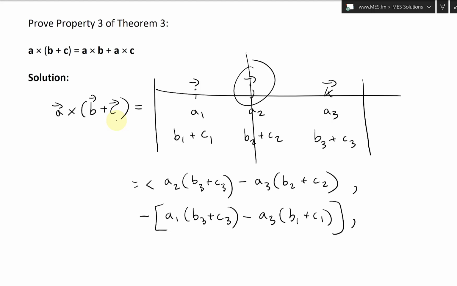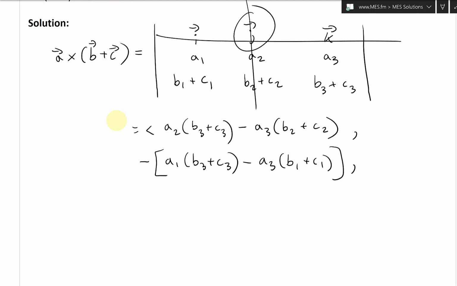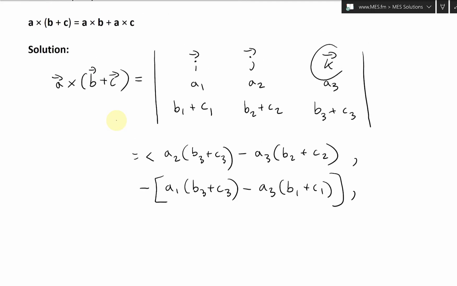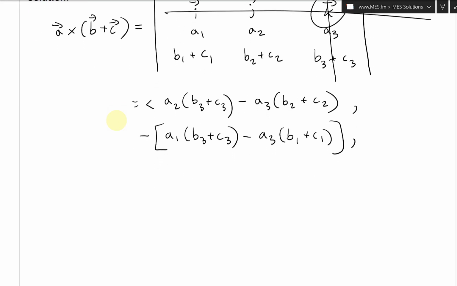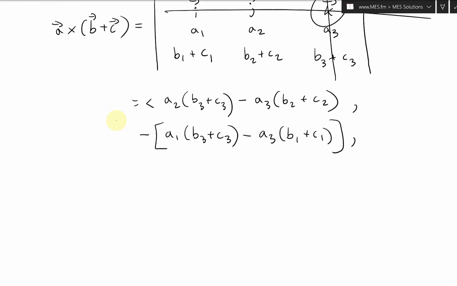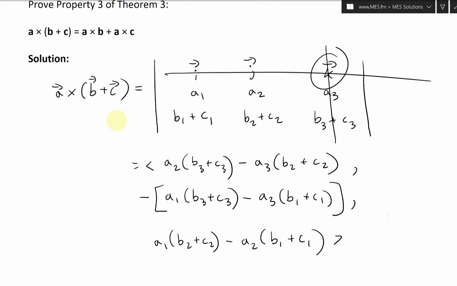Close bracket. All right. Next, K, cross out, and we're going to go A1 times (B2 plus C2) minus A2 times (B1 plus C1), like that, close bracket. So that's what we have now.